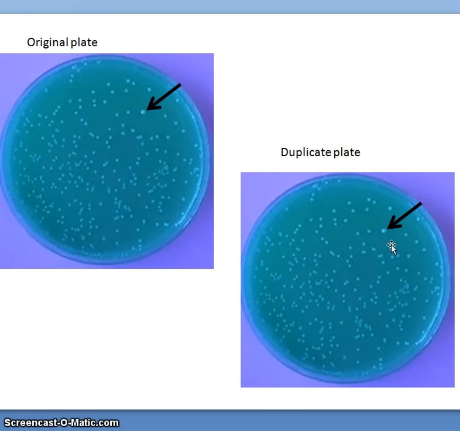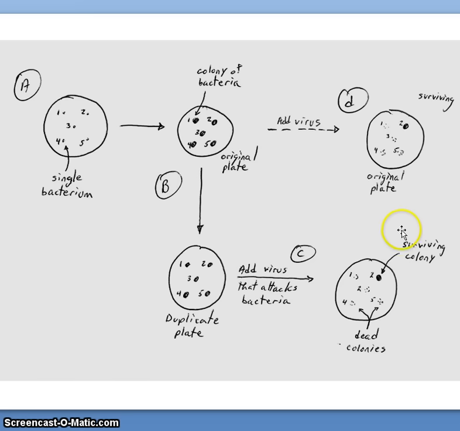Again, if the virus were causing this colony right here to become resistant, you might think that when you put it on the duplicate plate, the virus would have the power to cause some other colony to become resistant. But that's not what they found. It was always the same colony that was resistant. So again, the most likely explanation for these researchers was the virus was not causing a colony to become resistant.